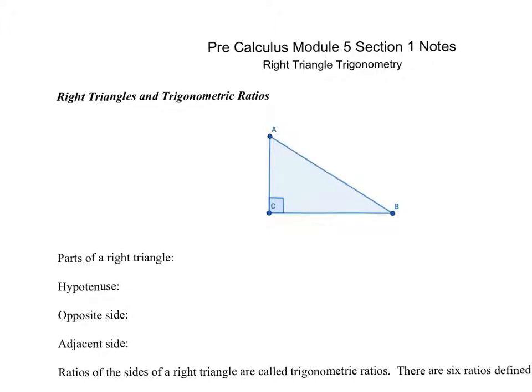So the first part of the right triangle is the hypotenuse. And the hypotenuse is always the longest side. And it's always across from the 90-degree angle.